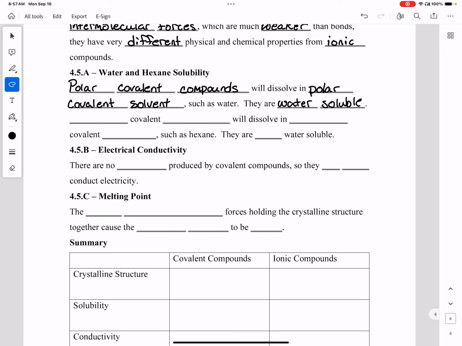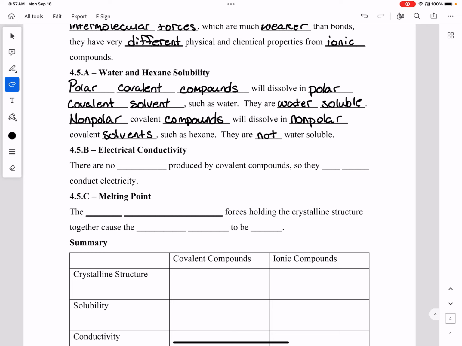Okay, and nonpolar covalent compounds. Those will dissolve, you guessed it, in nonpolar covalent solvents, such as hexane. So they are not water soluble. They are hexane soluble.